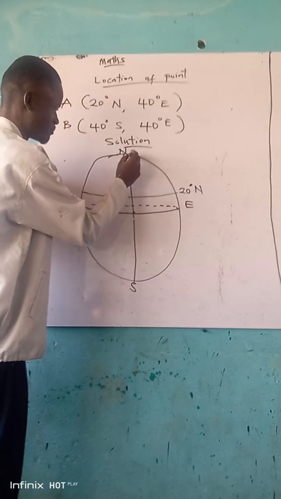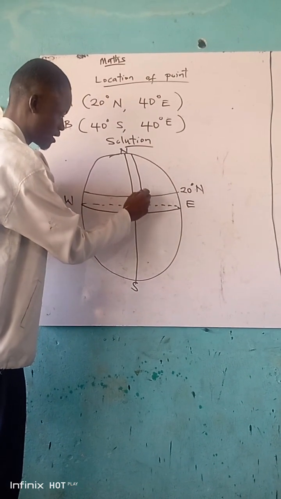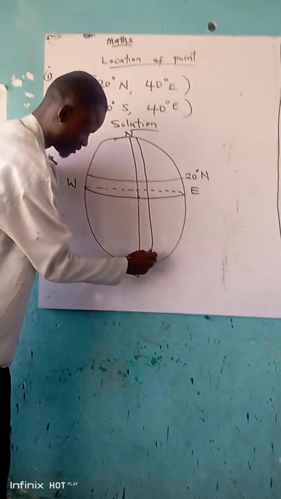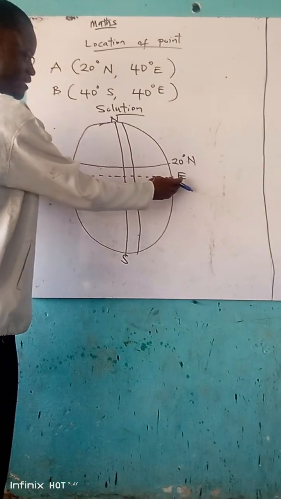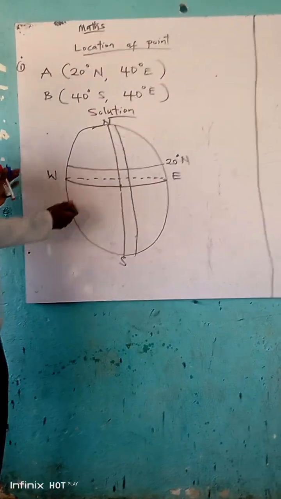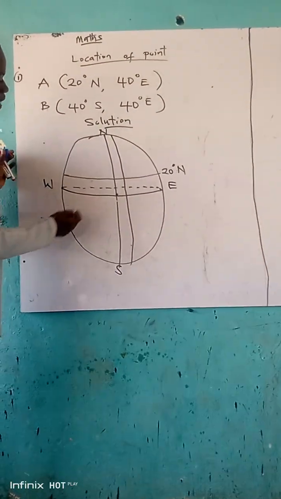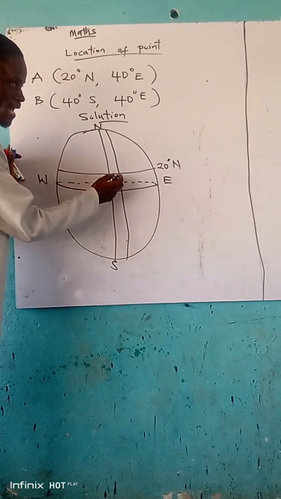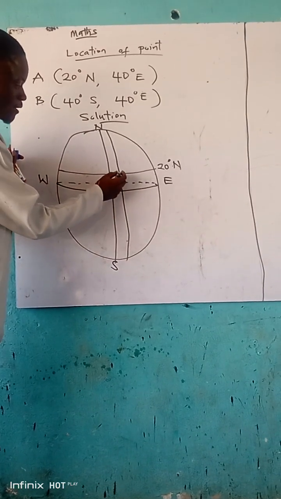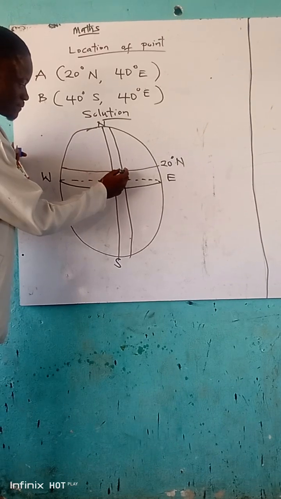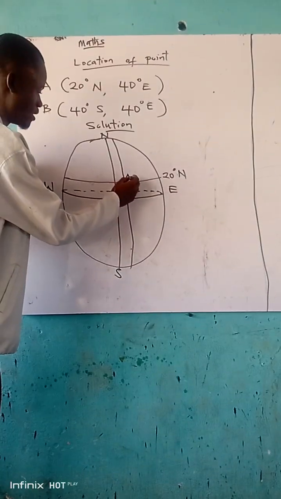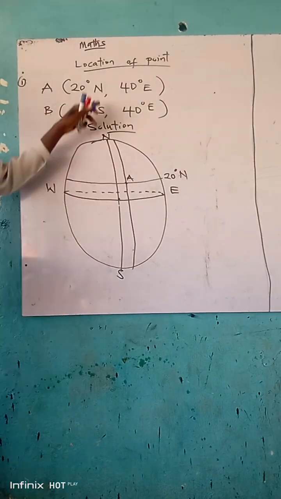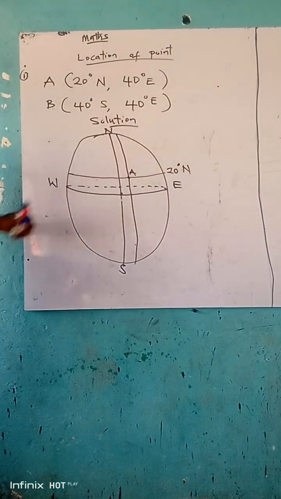Let's estimate that this is our 40 degrees east. We measure it around the east because it's approaching the eastern region. Where our lines intersect is our point. So this is our point A. We have located our point A successfully.